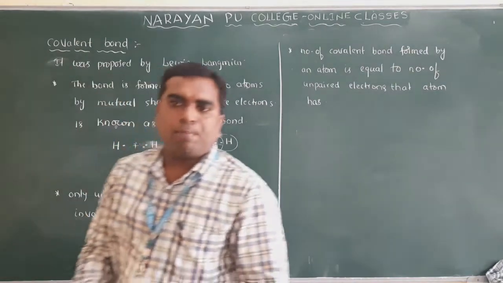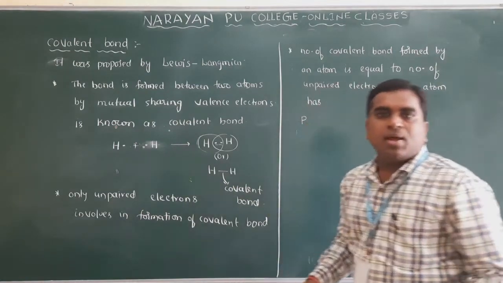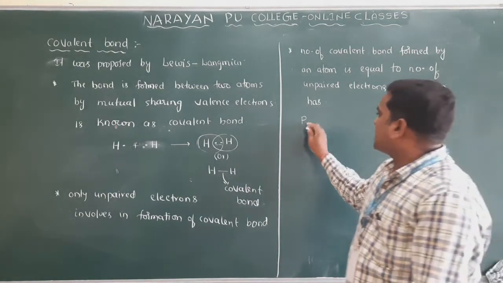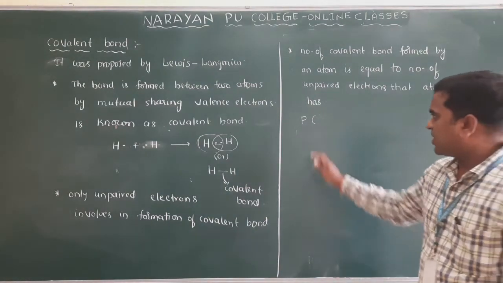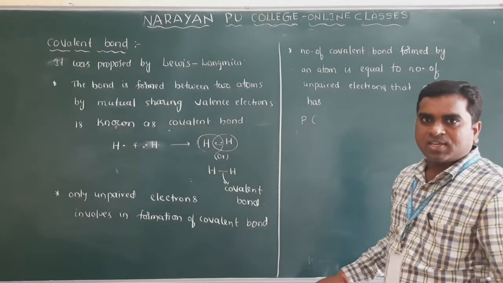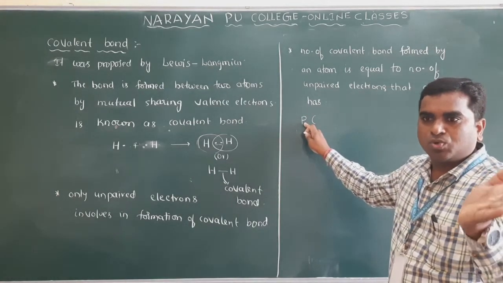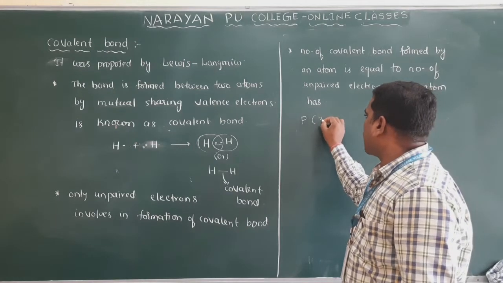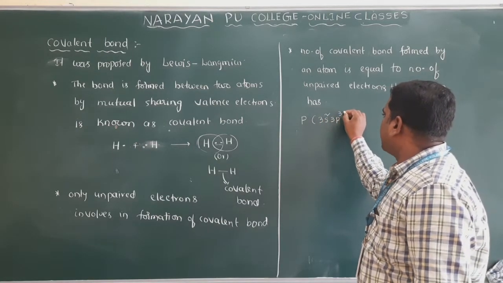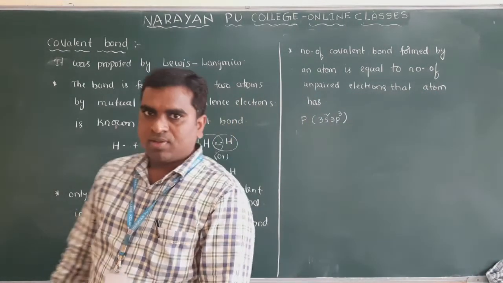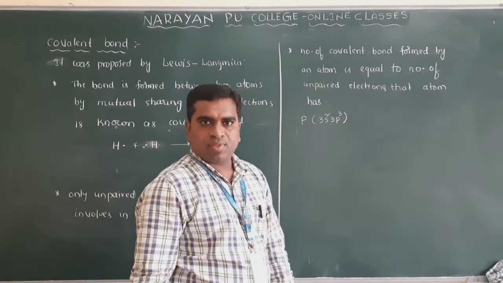So a simple example: phosphorus, like nitrogen. What is the electronic configuration? We have already studied in atomic structure how to write the electronic configuration. Phosphorus belongs to the fifth group, so the outermost electronic configuration is 3s2 3p3.